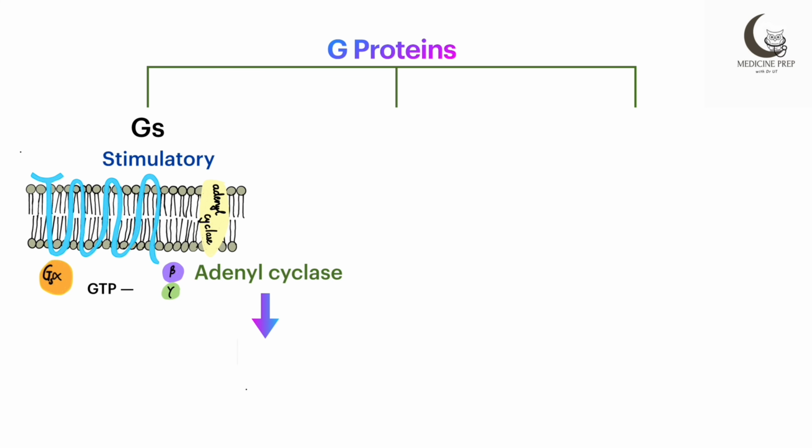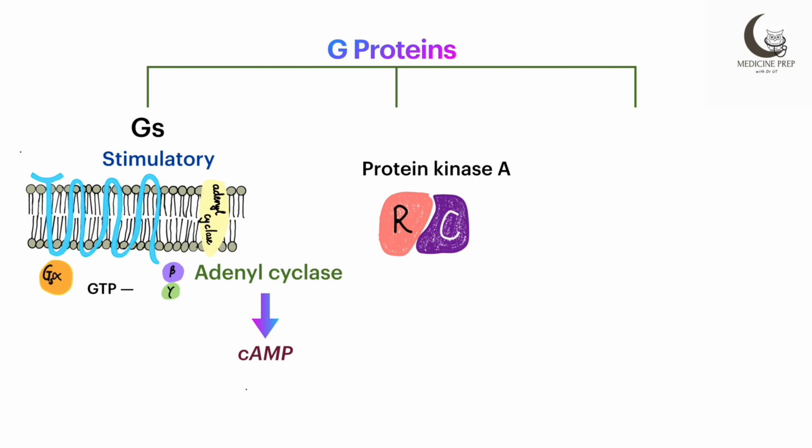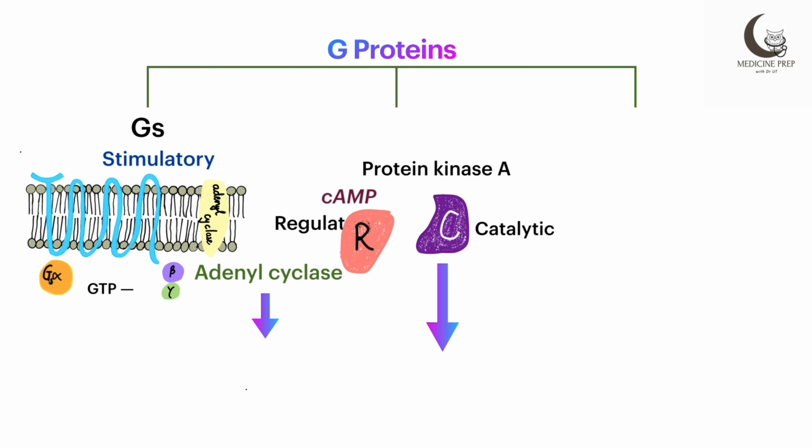Now, cyclic AMP will move through the cell cytoplasm and bind to protein kinase A. Protein kinase A has 2 parts: a regulatory subunit and a catalytic subunit. So, the cyclic AMP will bind to the regulatory subunit, freeing the catalytic subunit, and the catalytic subunit can add phosphate groups to other proteins downstream, triggering a cellular response.